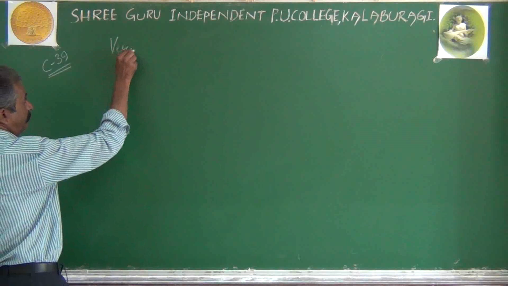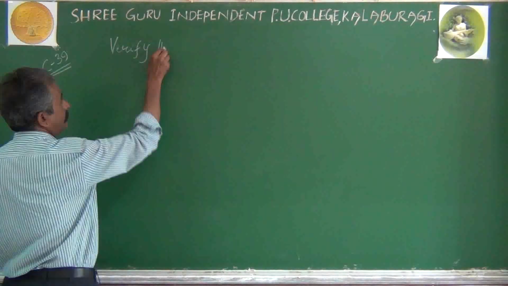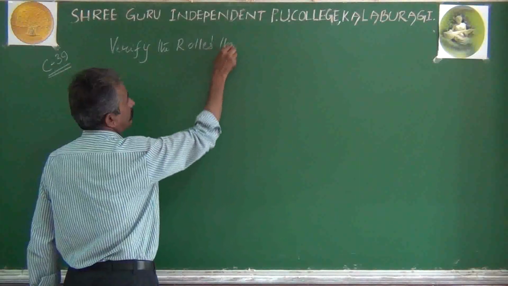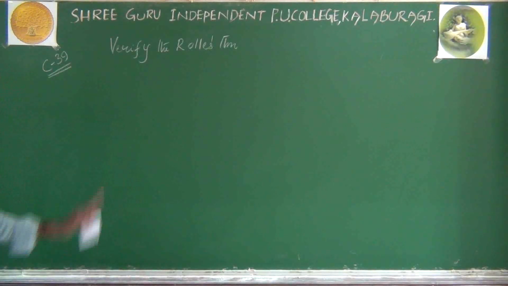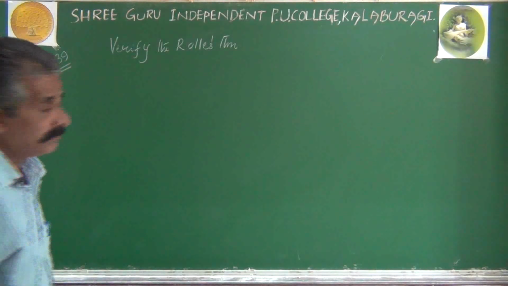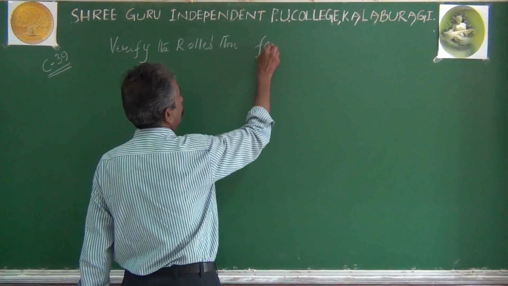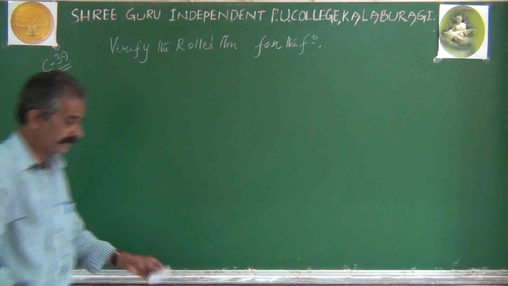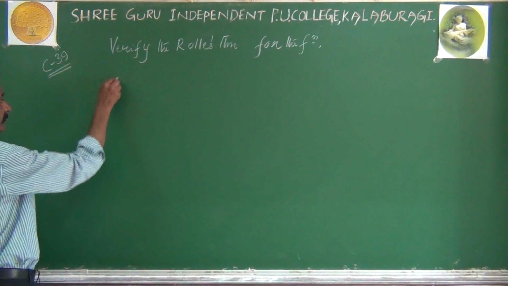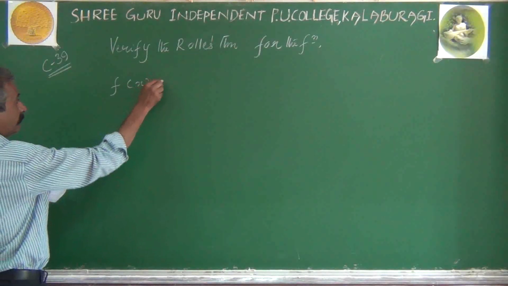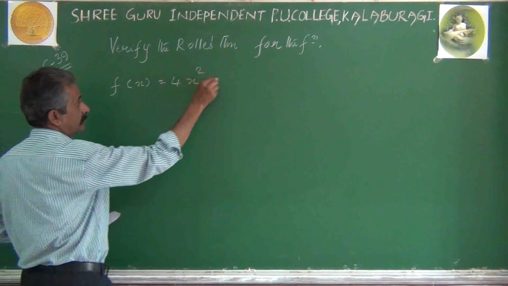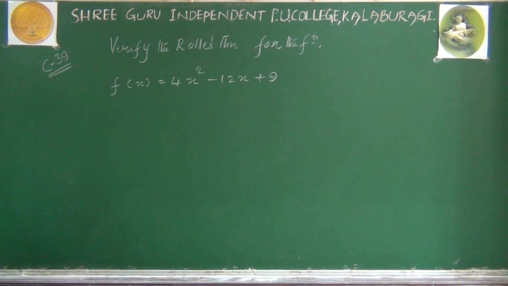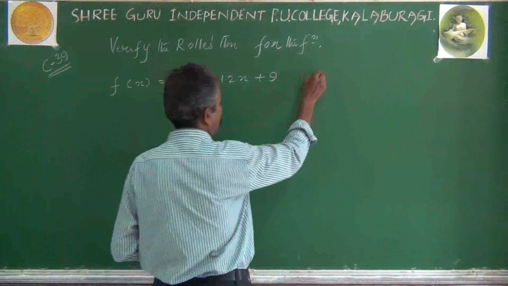Verify Rolle's theorem for the function f of x equals 4x square minus 12x plus 9 on the interval 0, 3.